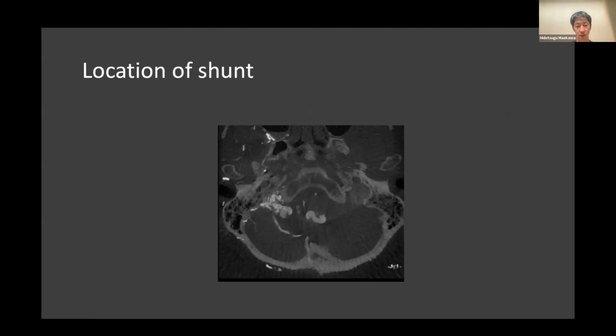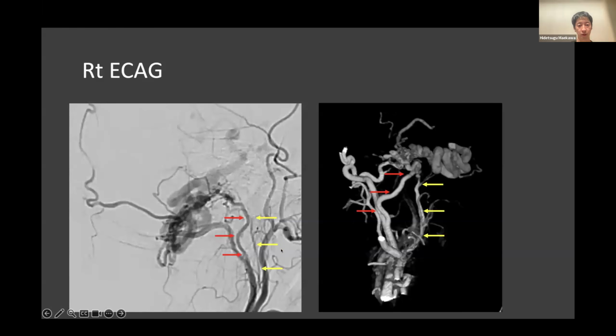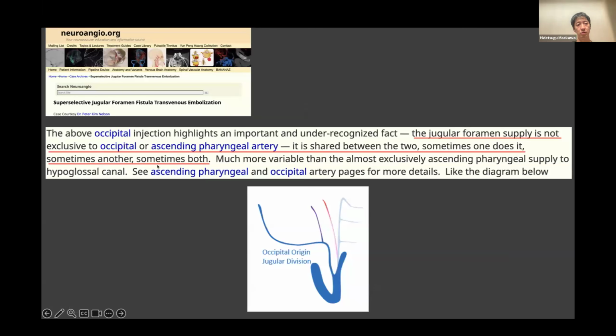And the location of the shunt is here, which is the jugular foramen. And so these are jugular branches. As you can see here, this pattern is mentioned on neuroangio.org, where the jugular foramen supply is not exclusive to occipital or ascending pharyngeal artery. It is shared between the two. Sometimes one does it, sometimes another, sometimes both.